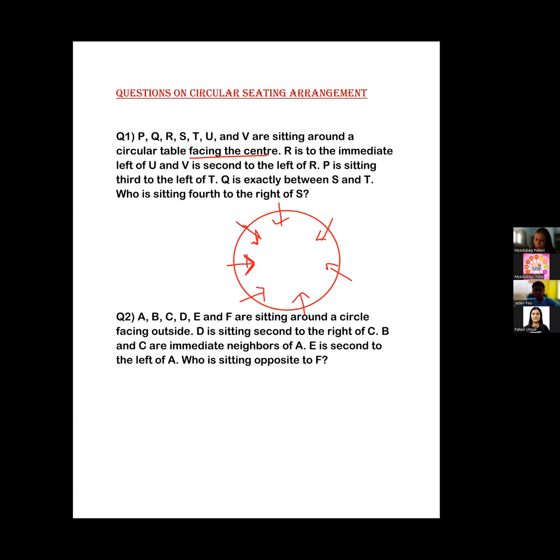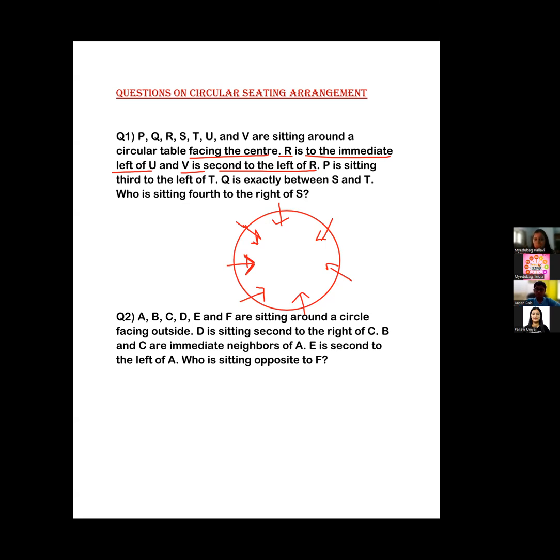Now let us move to the conditions that are given. First point is R is to the immediate left of U and V is second to the left of R. Two points are given here. R is immediate left of U. So we can start from any point in a circle, because there is no fixed point from where we have to start.